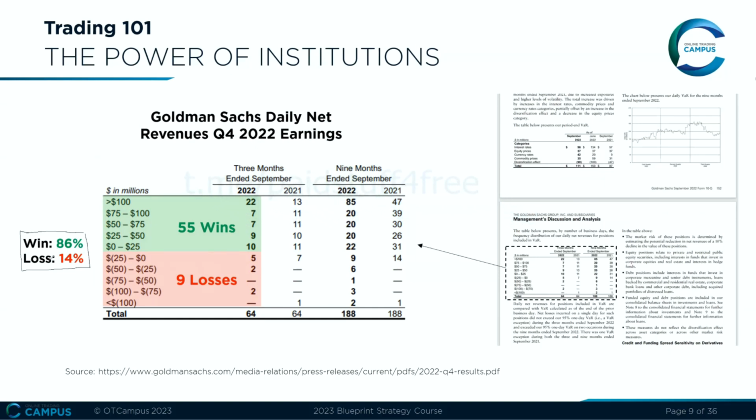You have a win to loss of 86 to 14. You have 55 wins and only 9 losses. And the losses that they took, they were only small on those days, right? Mostly small. The biggest number here is 5, and this is the smallest risk.